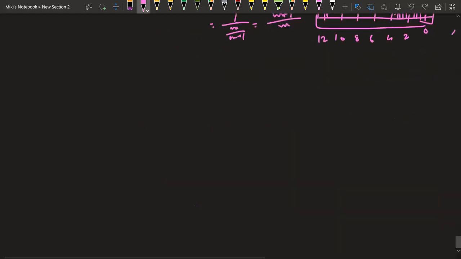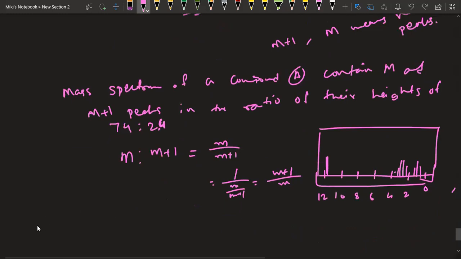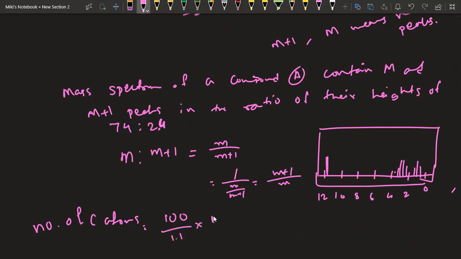Okay, so our number of C atoms, how much? From this formula, using this information, we know the formula is 100 over 1.1 times M plus 1 over M, where M plus 1 is given as 2.4 and M is 74.